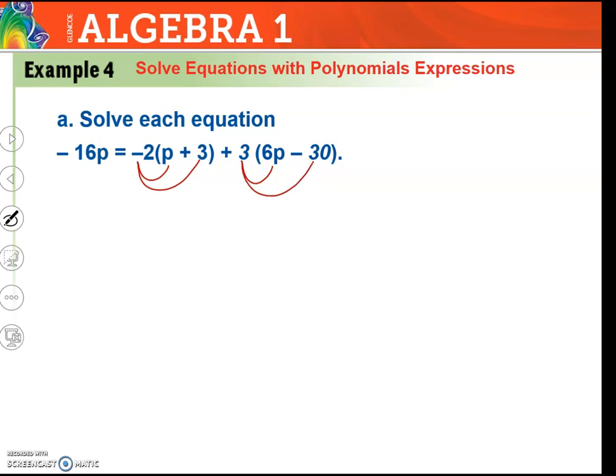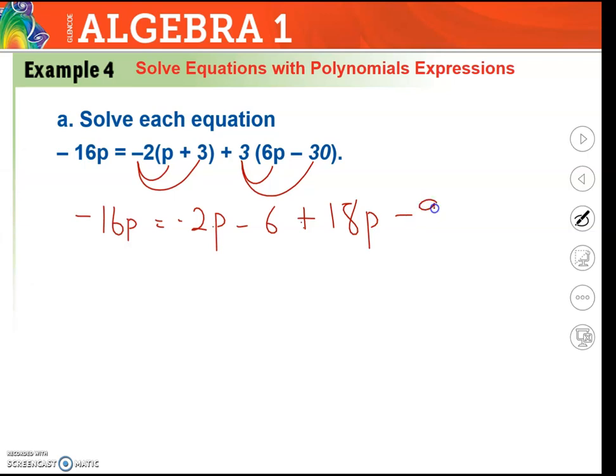So our equation now turns to negative 16p is equal to negative 2p minus 6, since negative 2 times 3 is negative 6, then plus 3 times 6, 18p, and 3 times negative 30 gives us negative 90.